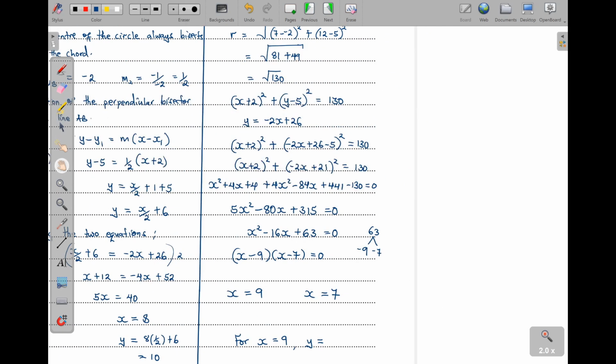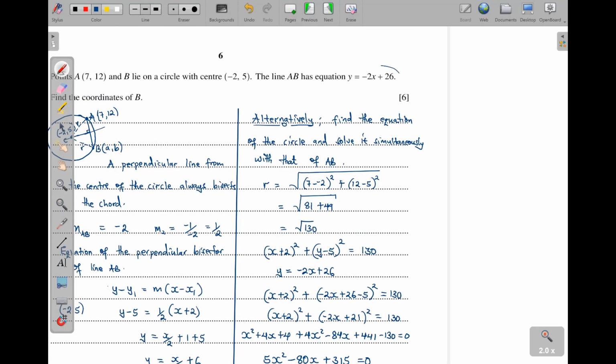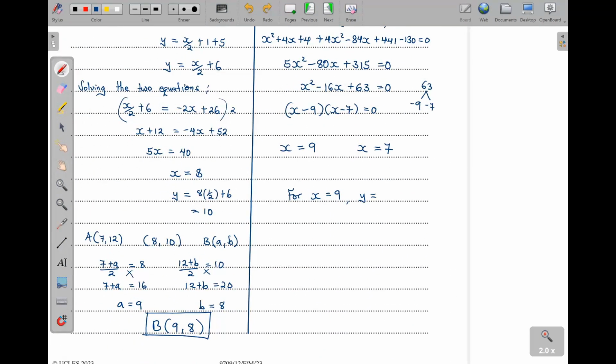I can substitute in here or in the equation of the circle that I've gotten here, but I'll use this one, which is the simpler one. Minus 2x plus 26, so this one will be minus 18, then plus 26. That gives 8. So B is therefore going to be (9, 8). That is that.